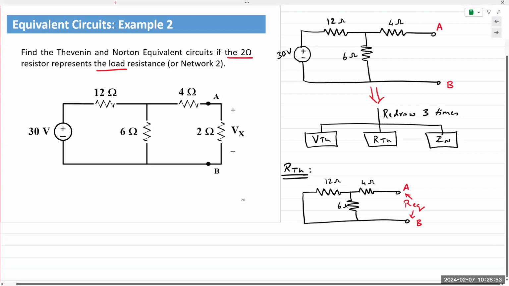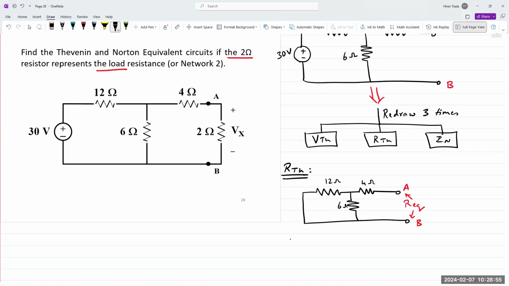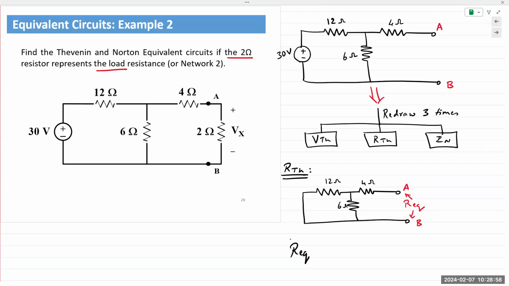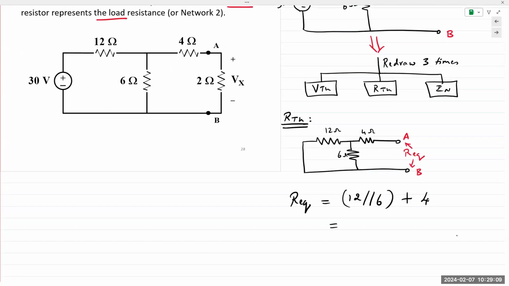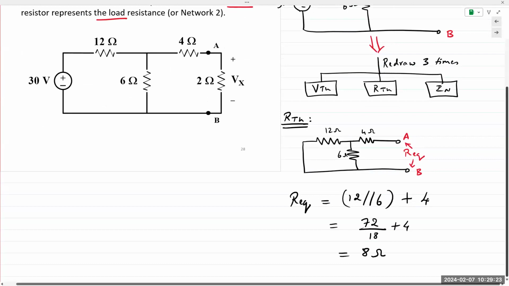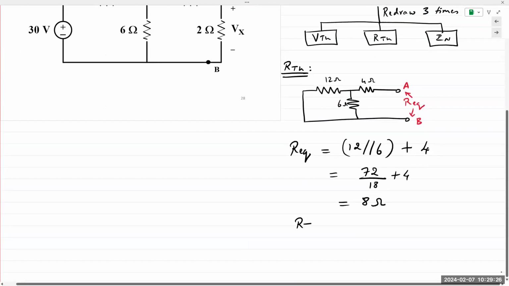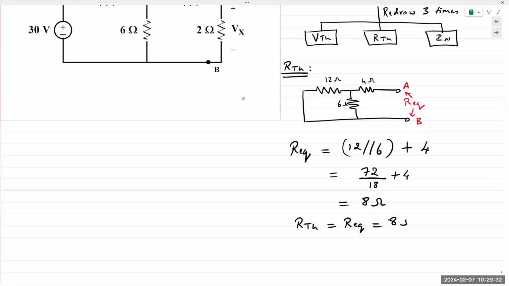So my REQ is 12 parallel with 6 plus series with 4 ohms. 12 parallel with 6 should give me 72 divided by 18, plus 4, which is equal to 8 ohms. So my Thevenin resistance, RTH, which is equal to REQ, is 8 ohms.